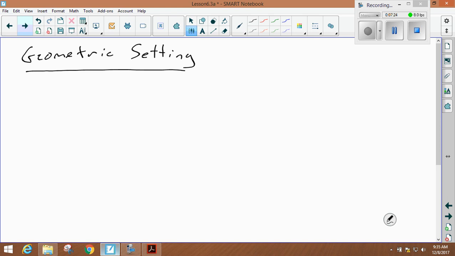In a binomial setting we're looking at the probability of getting a certain number of successes, right? In a geometric setting, we are looking at the probability of the first success, all right? And that definition is written down. I'll try to write exactly what they say.